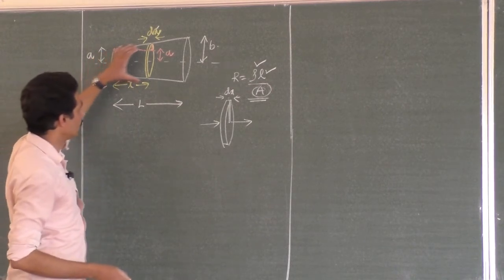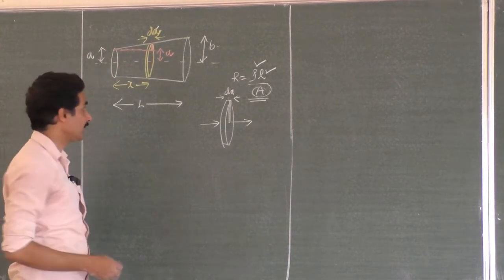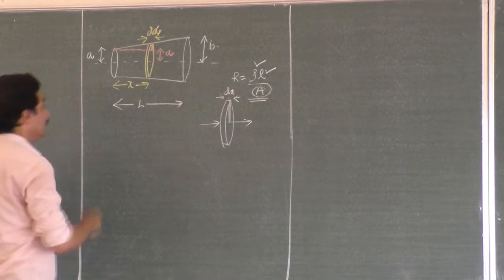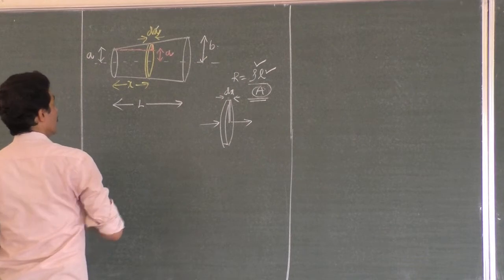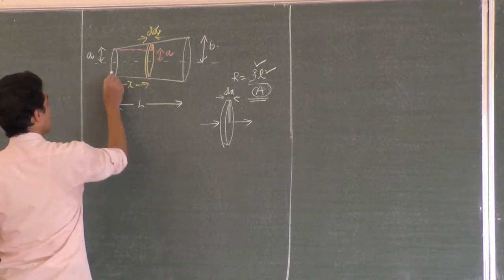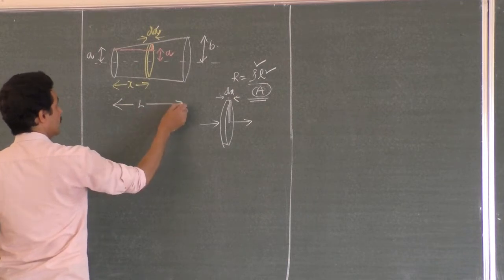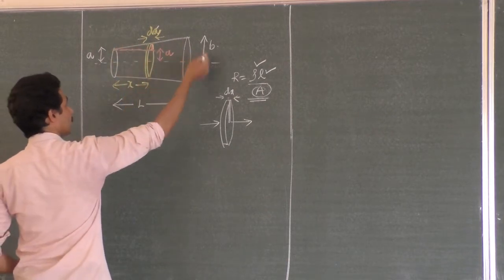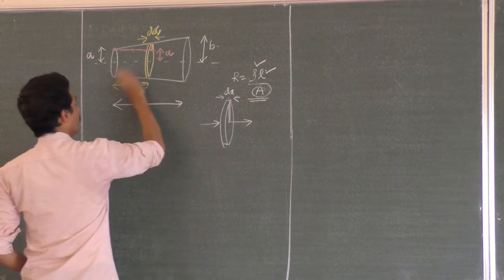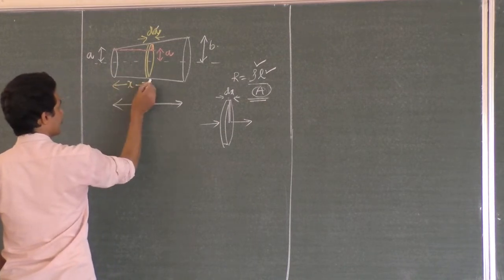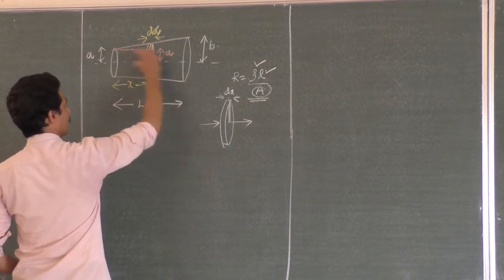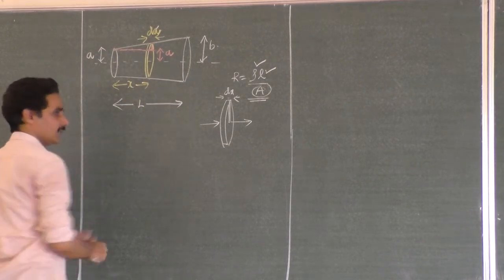The thickness goes on increasing linearly. Now when you move from this end to that end, that is through a distance of L, you get a change in the radius of b minus a. Am I right? So when you move through a distance x, what is the change in the radius from a to what value? That is what you have to find.